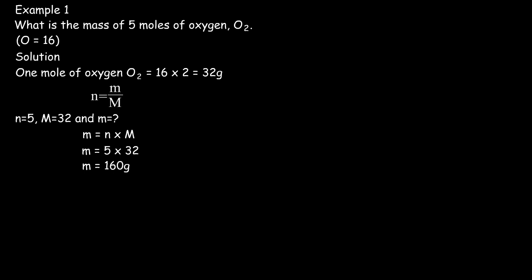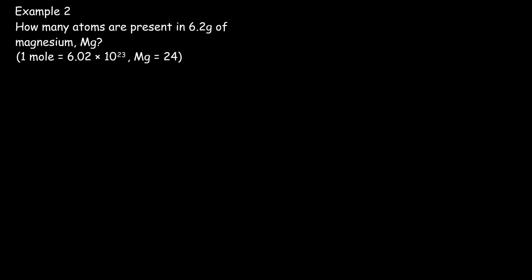We have another example that states: how many atoms are present in 6.2 gram of magnesium. We are given 1 mole to be 6.02 times 10 to the power 23, and the atomic mass of magnesium to be 24. Now, for our solution, we know that our number of moles n is equal to the mass given over our atomic mass, and substituting, this will be 6.2 divided by 24, which will be equal to 0.258 moles.